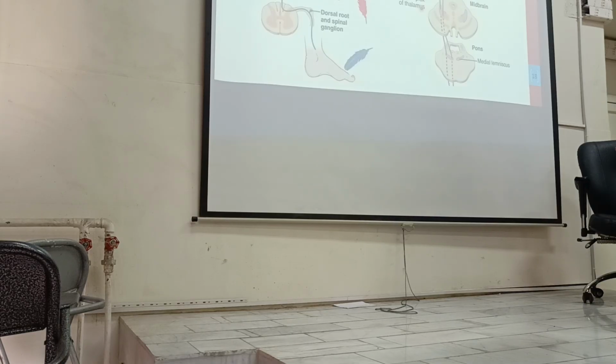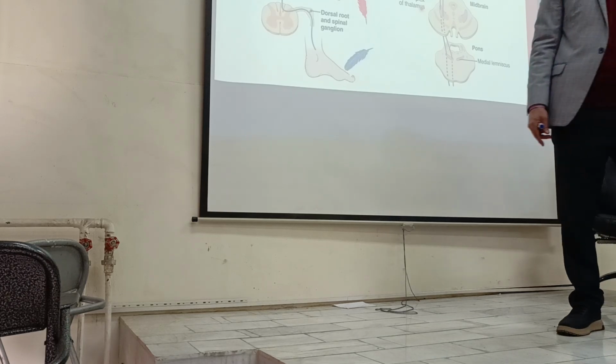So Meissner corpuscles, Pacinian corpuscles, Merkel disc, all receptors that are located in the skin of the face are connected to the brainstem through cranial nerves, not through spinal nerves. Which cranial nerve? Facial nerve and trigeminal nerve. Good.